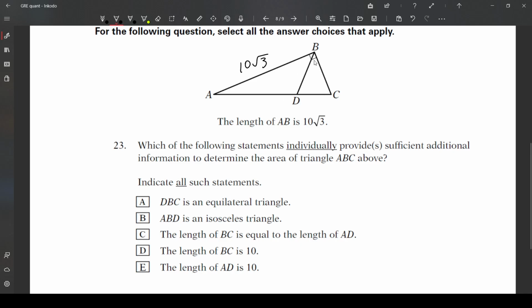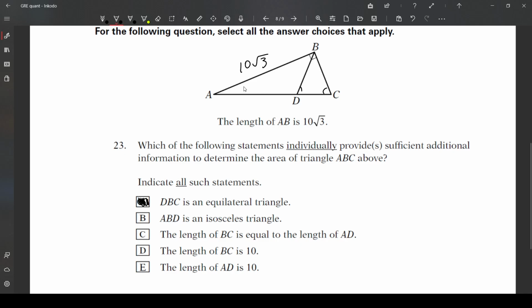DBC is an equilateral triangle. So that means this is 60, this is 60, so this is a 30, 60, 90 triangle. And that it adds up. And so you would know that this is 10. So yeah, this would be good.